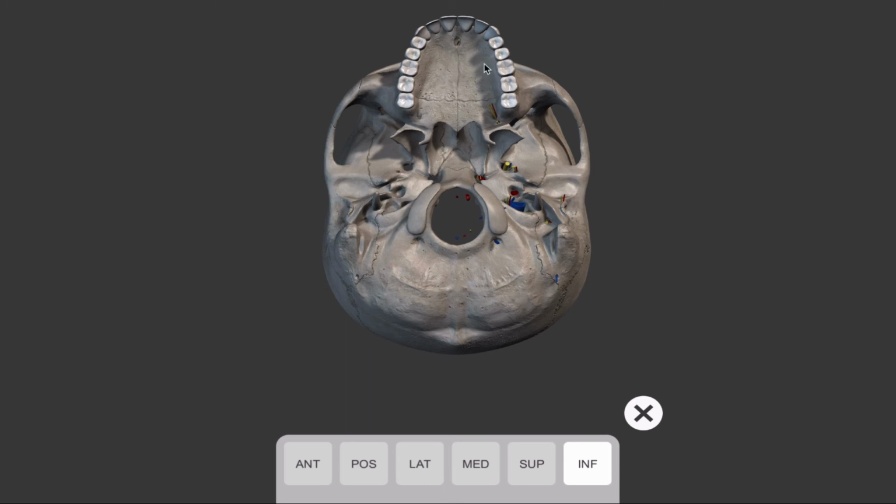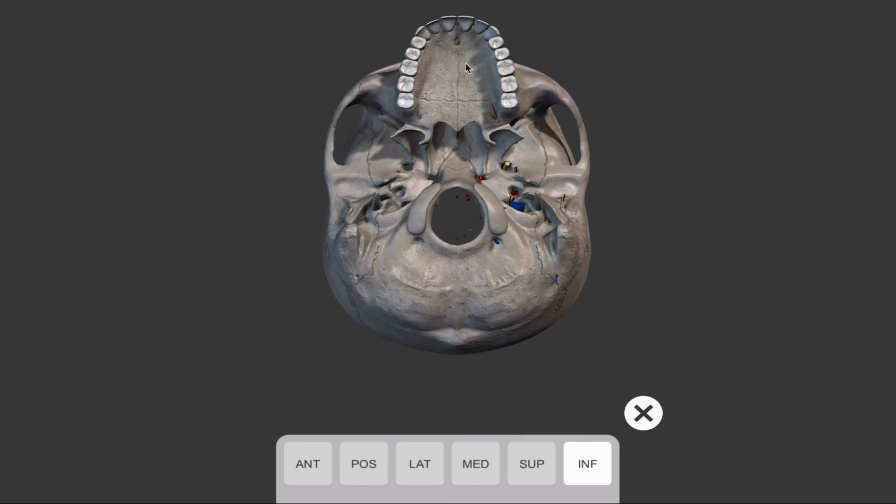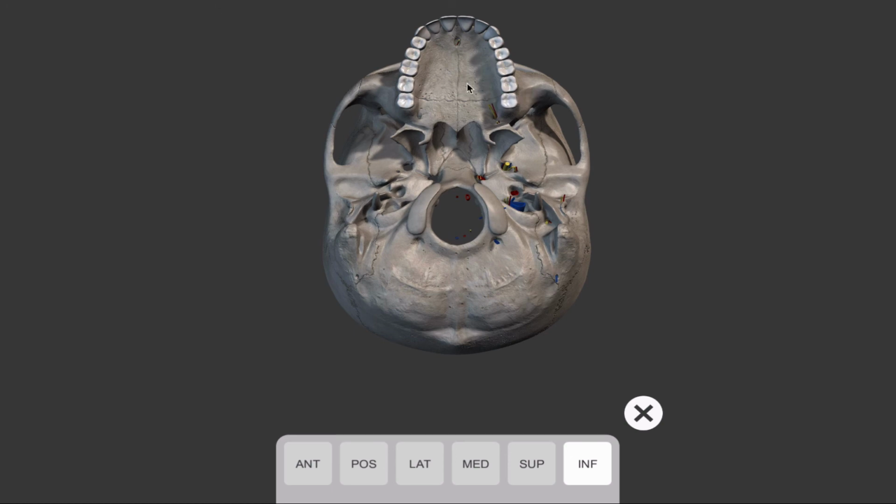These two plates right here are called the palatine processes of the maxilla. They are part of the maxilla, and they are the palatine processes. These bones behind it are called the palatine bones. They are their own bone. Palatine processes are part of the maxilla. Palatine bones are their own bone.